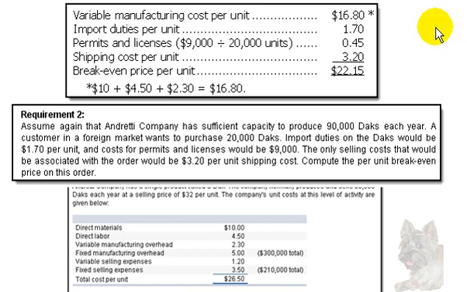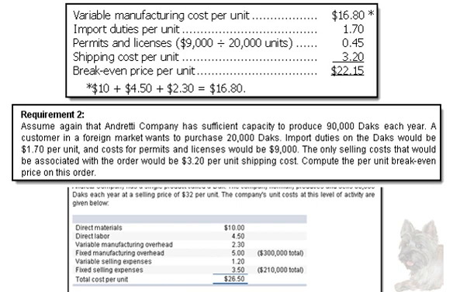Okay, now the solution appears up here in this box. Here are the requirements for 2, which I've just laid on top of the original information that appeared down there. So if we want to solve this break-even price on this order, we need to solve it in price per unit.